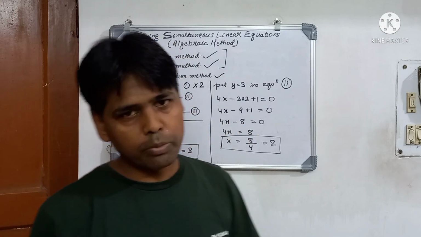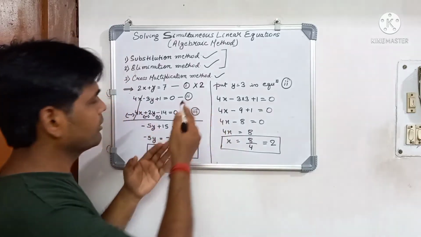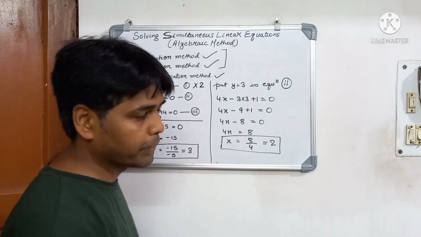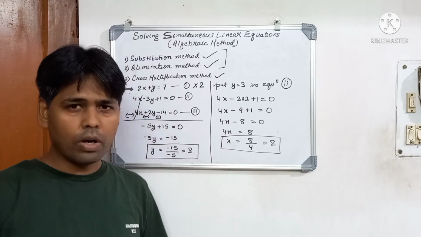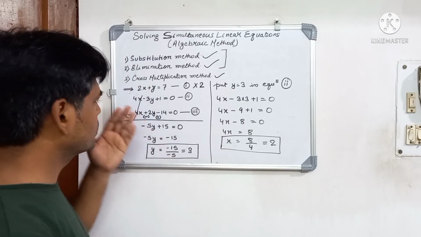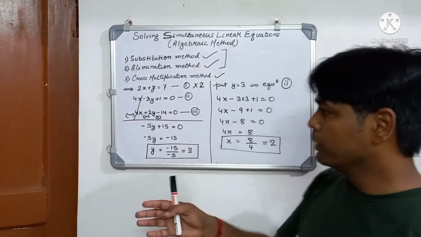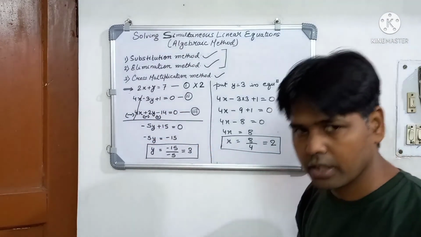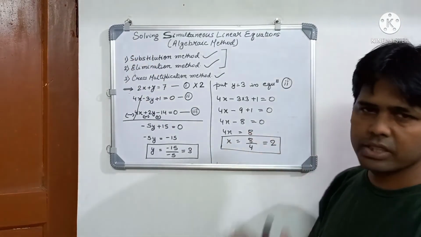Now dear friends, you might be in a dilemma about why I have taken the same equation. It is just to make you understand that no matter what method you adopt to get the solution for x and y, in either case you will be obtaining the same result, irrespective of the method that you adopt to solve this equation.